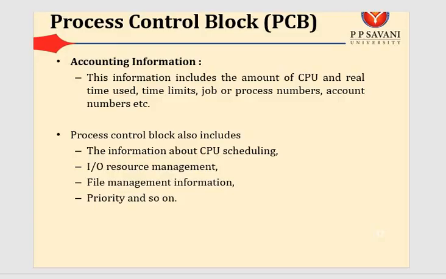Next is the accounting information. This information includes the amount of CPU used by the process and real-time used, time limits, job or process numbers, account numbers, etc. Other information is also saved in a PCB, like the CPU scheduling information, that is, which scheduling algorithm is used by the operating system to select one process when multiple processes are available in any state.